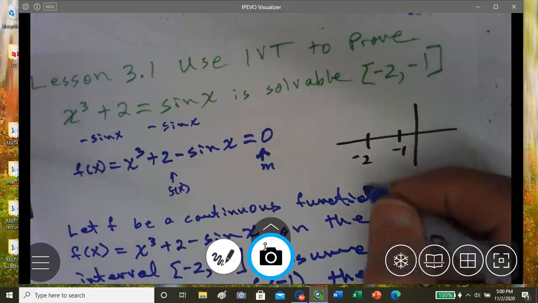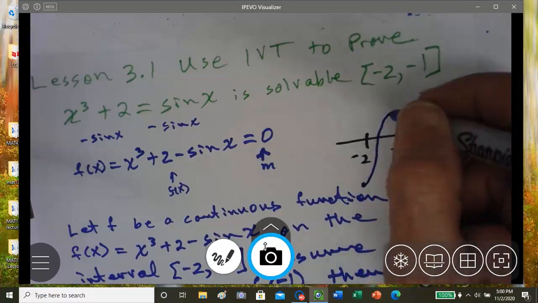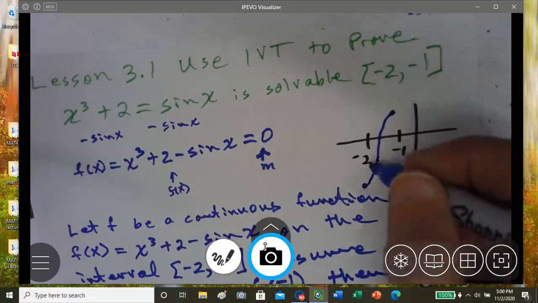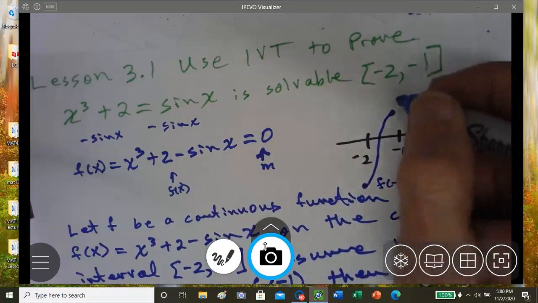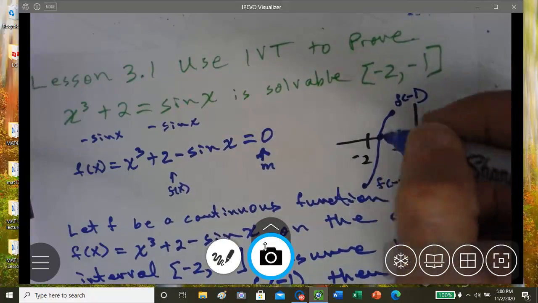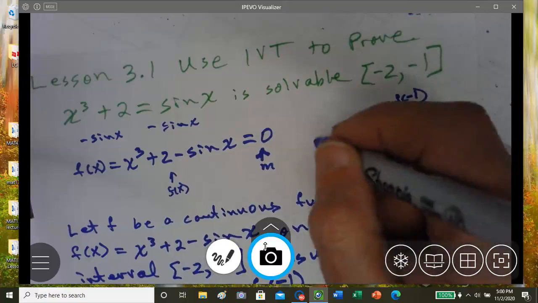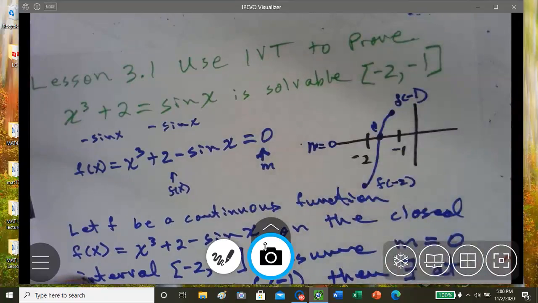One value is way down here, negative 5, and this is f of negative 2, and this is f of negative 1, and this is some number c where we have m equals 0.